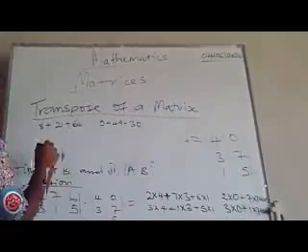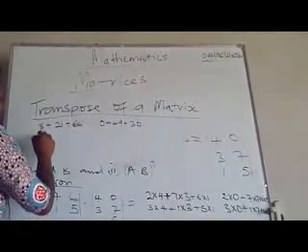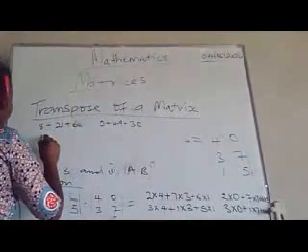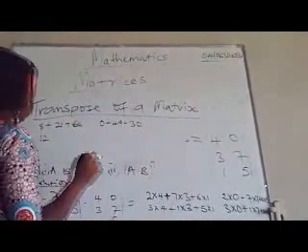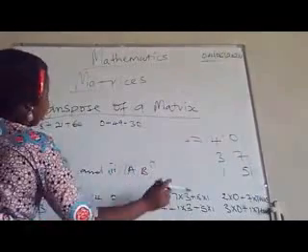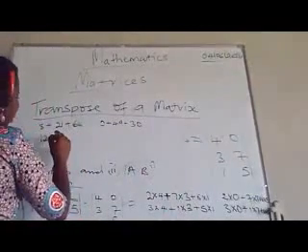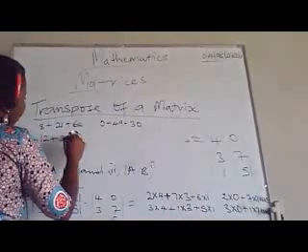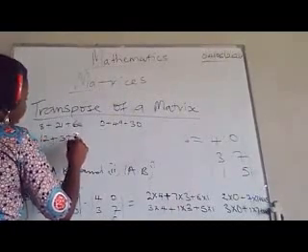The second row is 3 times 4, 12, plus 1 times 3, 3, plus 5 times 1, 5.